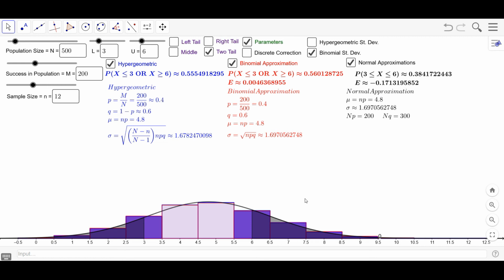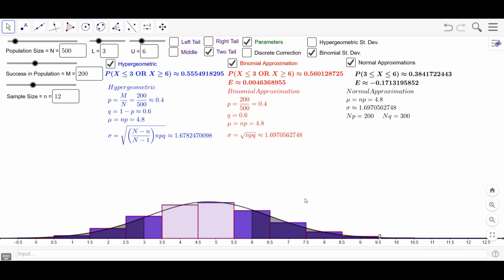Some textbooks have not a good condition, because I've seen conditions as low as NP and NQ both being 15 in some books, 20 in other books, or maybe 30 in other books. Well, here we have it at 200 and 300, and we see that the error is off by a lot.